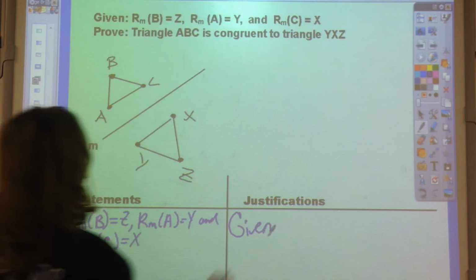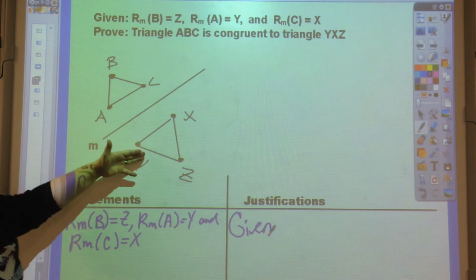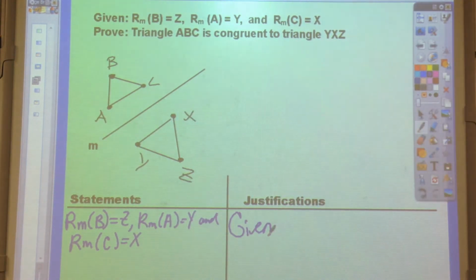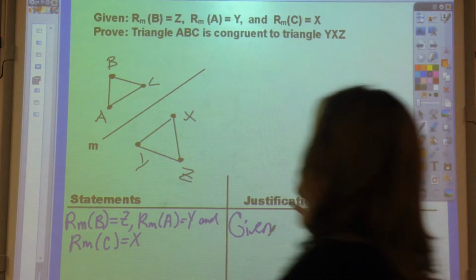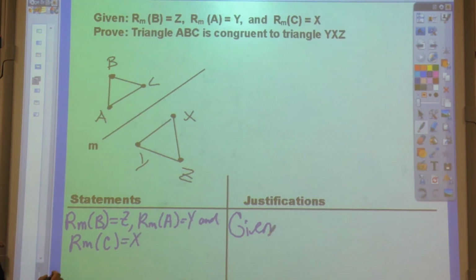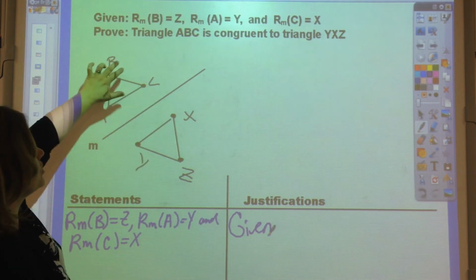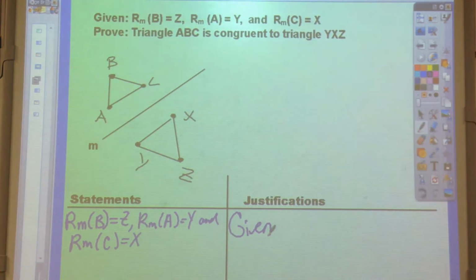All right, first of all, I've reflected each point in this figure to a point over here. What theorem does that remind you of? That's the figure reflection theorem that I reminded you of on that first page. Now I can say that this shape is the reflection of this shape. Would you agree with that?